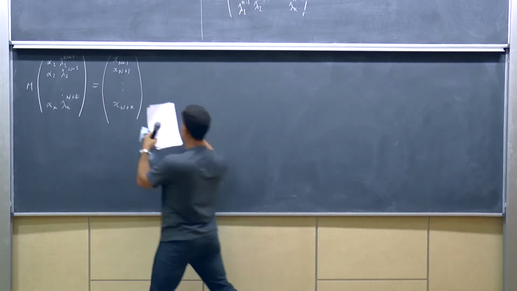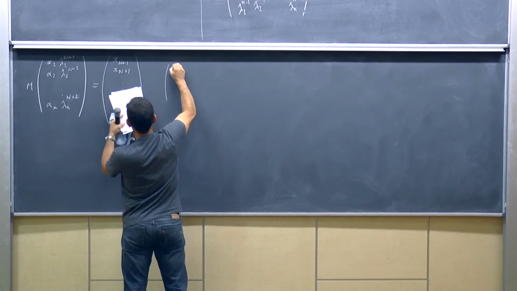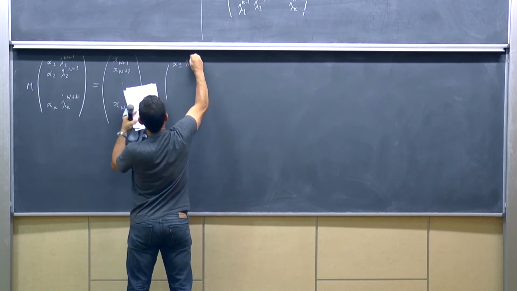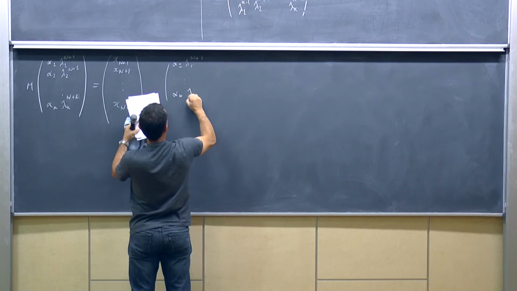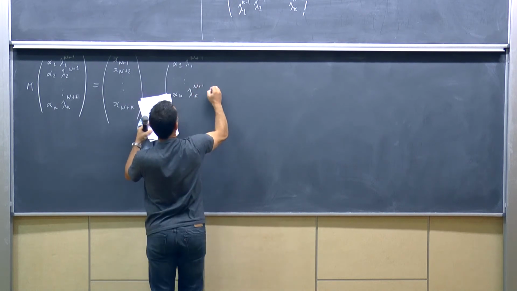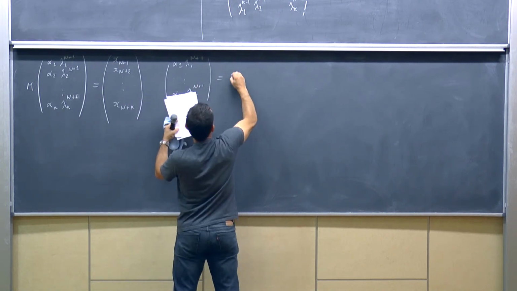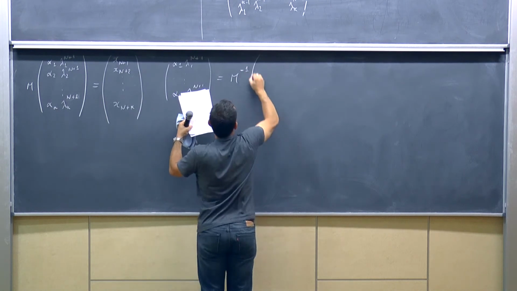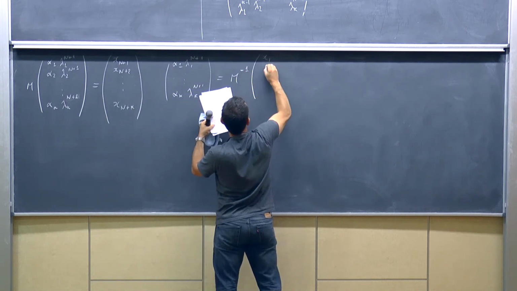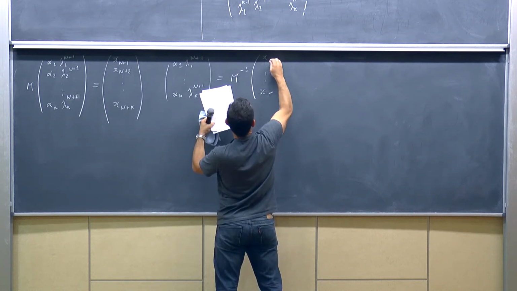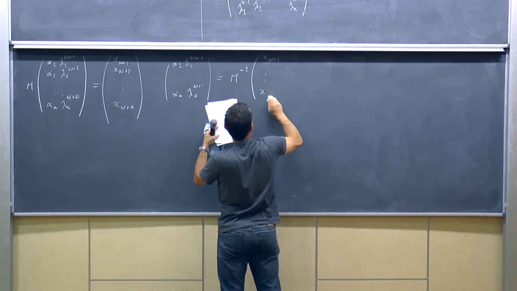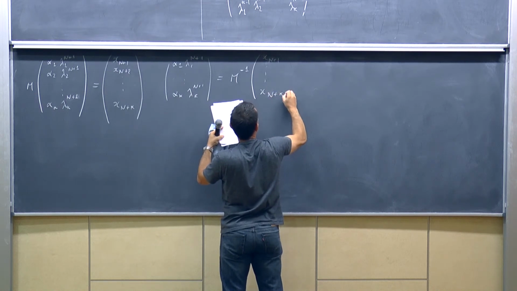And so another way to write this is that I can write the vector (alpha 1 lambda 1 to the n plus 1, up to alpha k lambda k to the n plus 1) as M inverse of (x n plus 1 up to x n plus k).